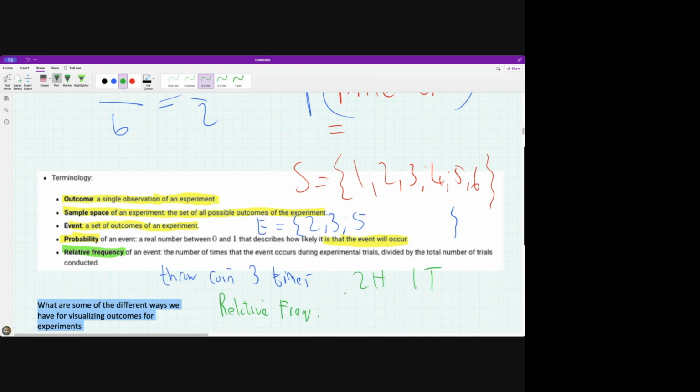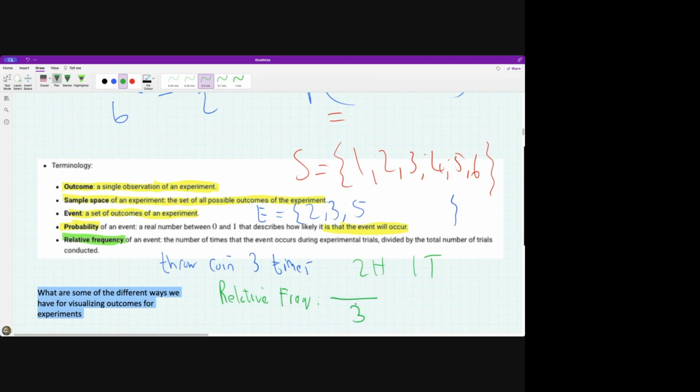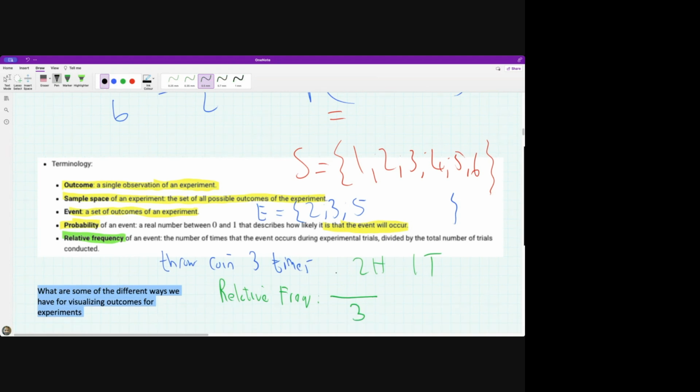Now, I know a lot of you will say it's 50% normally, but you've just done something in the real world. And you had 3 possible trials. And how many times did heads come up? It came up twice. So the relative frequency of heads based on your experiment is 2 out of 3. And the relative frequency of tails would just be 1 out of 3.